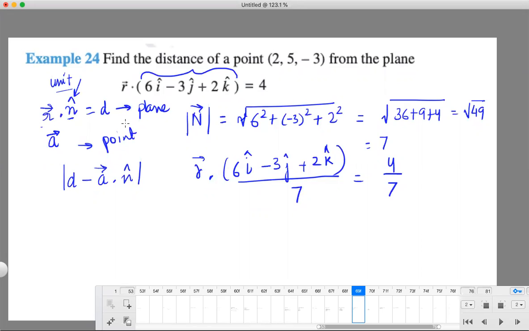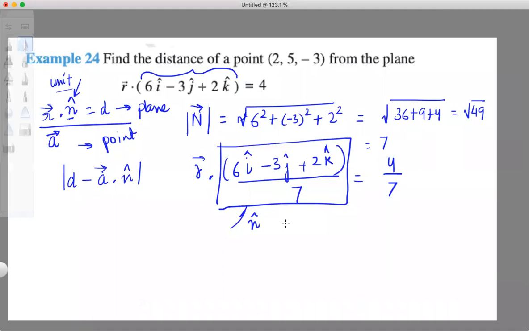Now this is in the form where this thing is the unit vector n, and this entire thing is the distance from the origin. And a we already know is 2i plus 5j minus 3k.